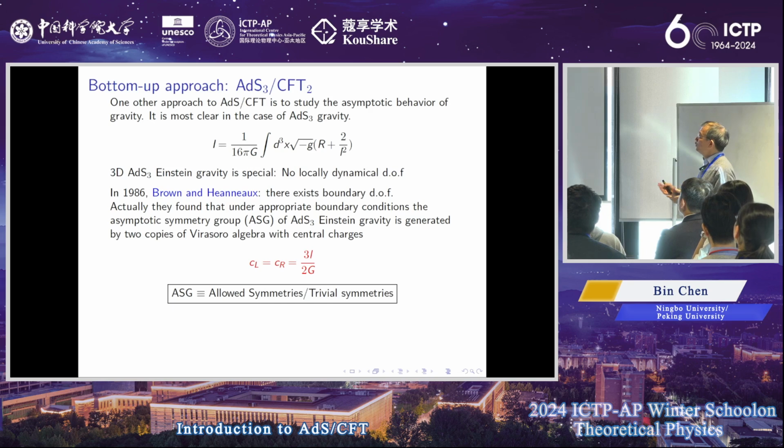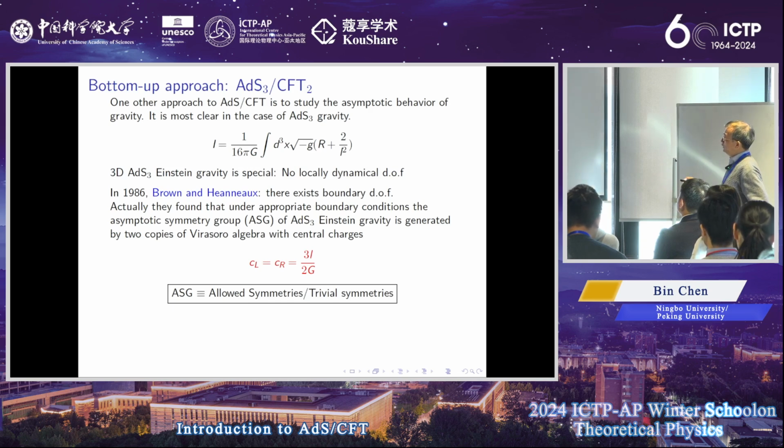It has nothing interesting. So the asymptotic boundary condition is extremely important in this framework. Anyway, Brown and Henneaux found a set of appropriate boundary conditions with a non-trivial asymptotic symmetry group.